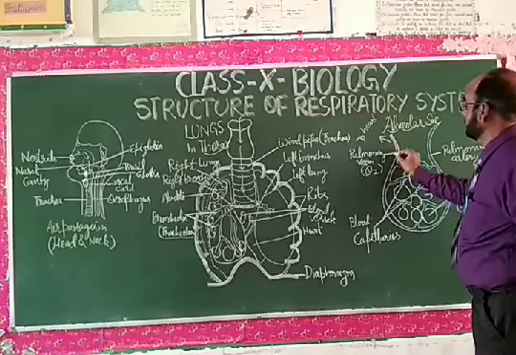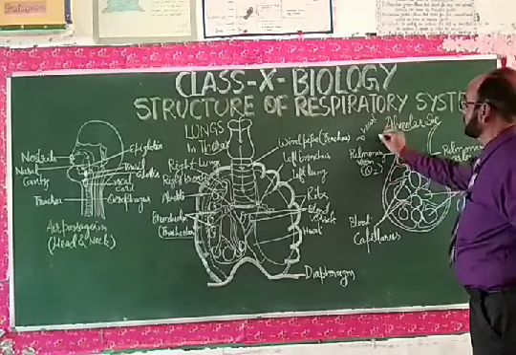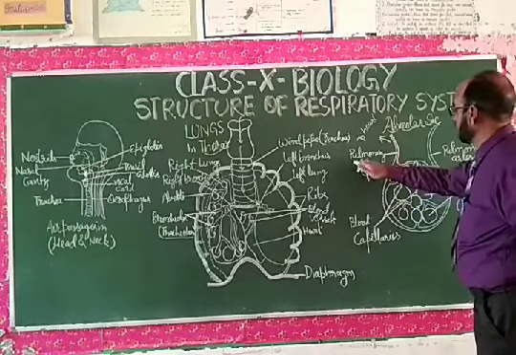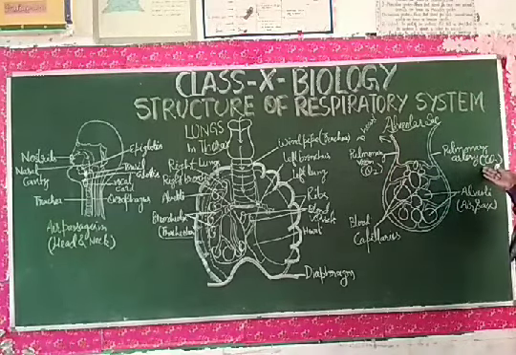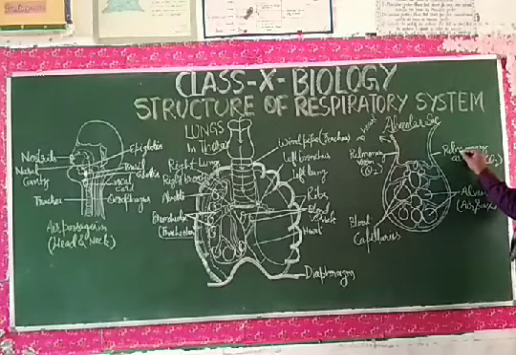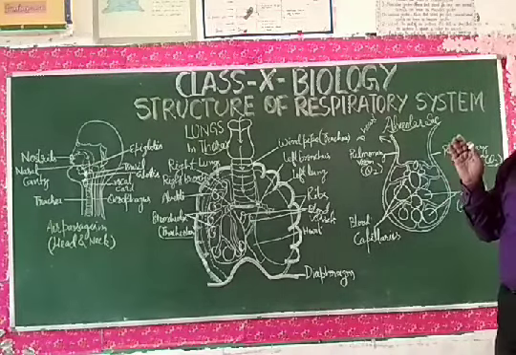Pulmonary vein is carrying oxygen with the blood to the heart. This is oxygenated blood carried by the pulmonary vein, while deoxygenated blood that is coming from the heart to the lungs is carried by the pulmonary artery, which is carrying deoxygenated blood, or that is carrying carbon dioxide.